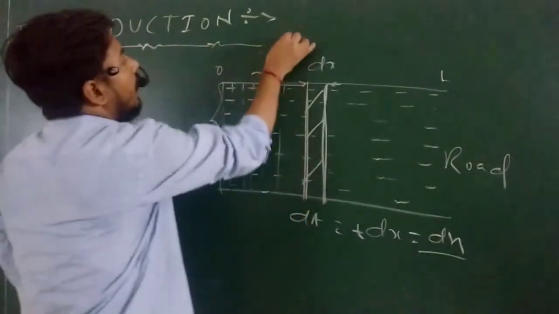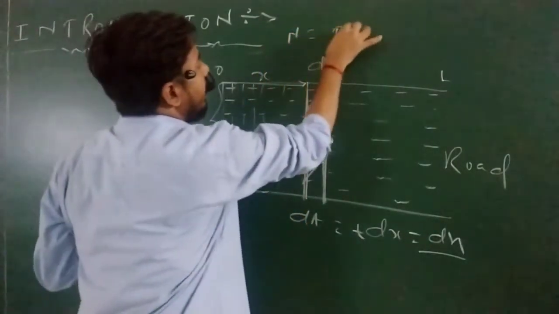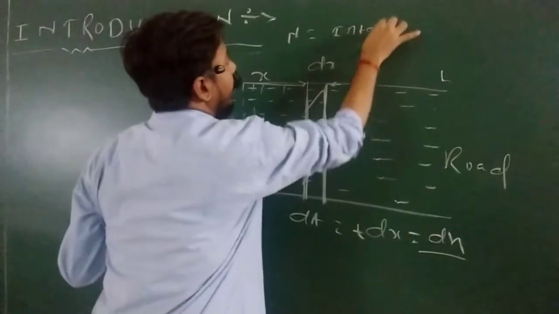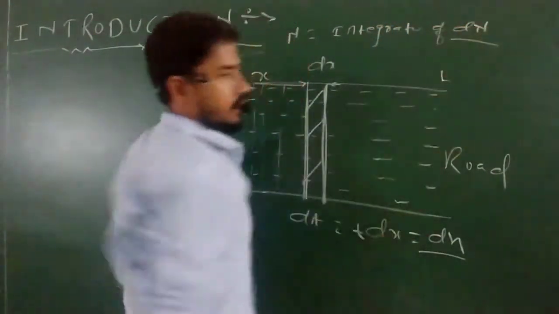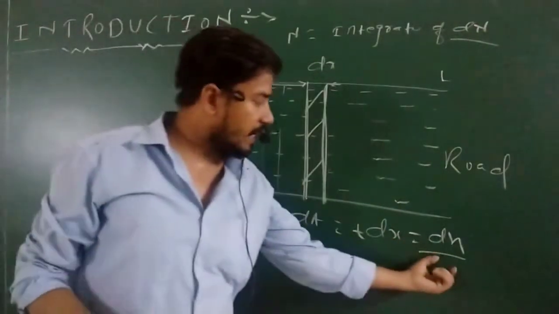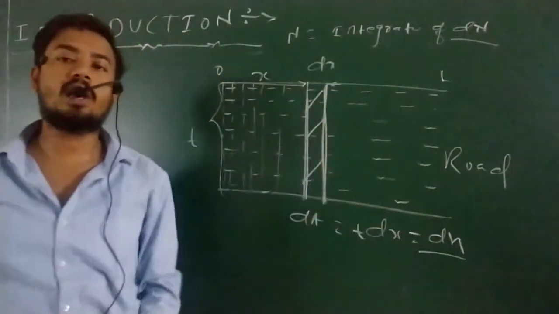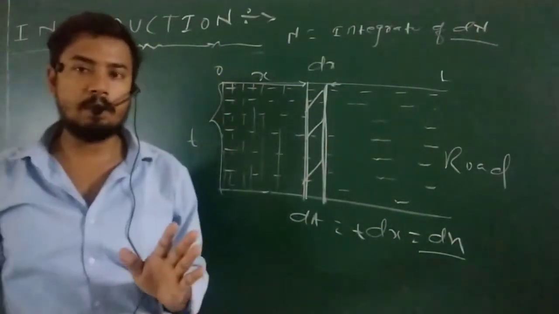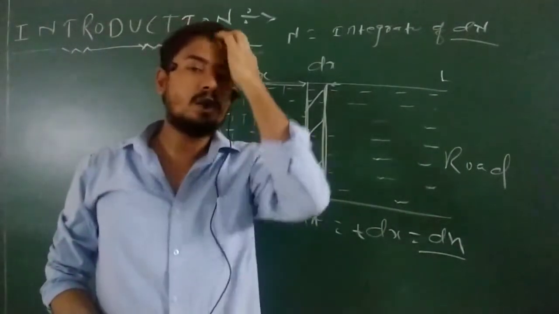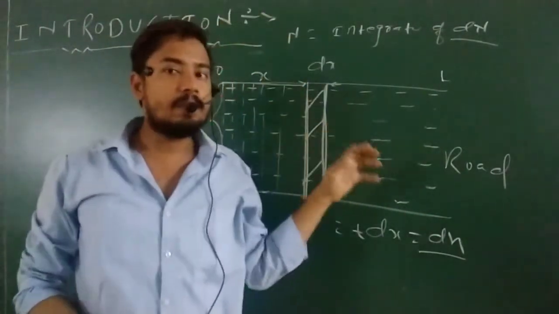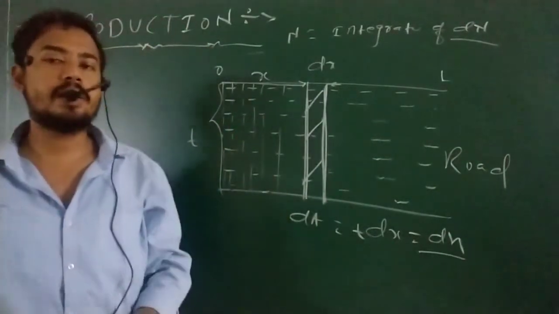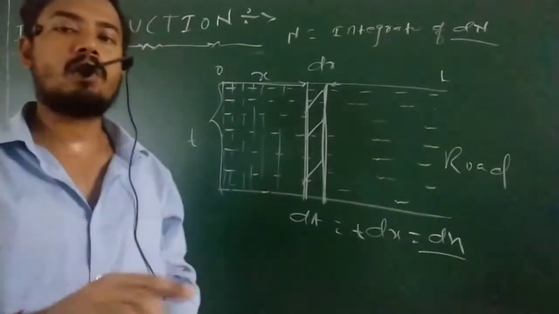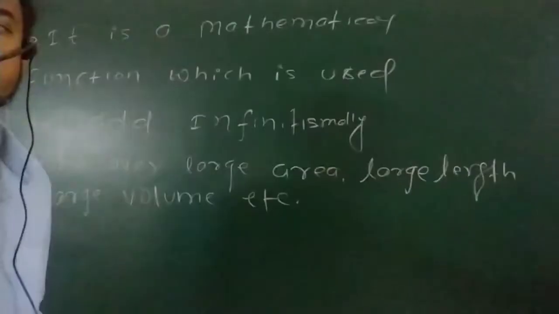So total n is equal to the integration of dn. Getting my point? If you do the integration of this, you will get the total number of marbles. So this is the introduction. In this place, we use the mathematical function called integration. Getting your points? Now coming to the definition.